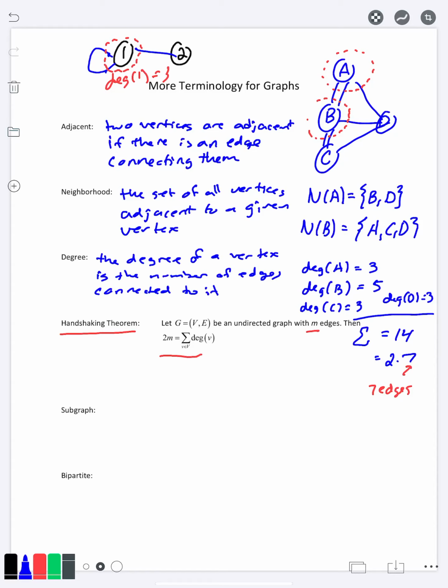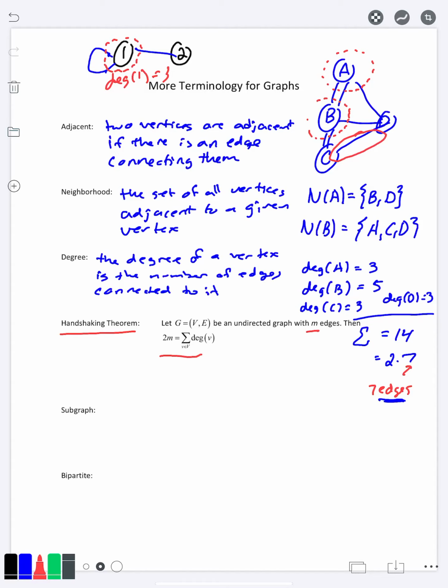And the reason why this theorem is true, it's one of the most straightforward theorems in math, is that every single edge in your graph, if you look at it, it's going to connect to 2 vertices.